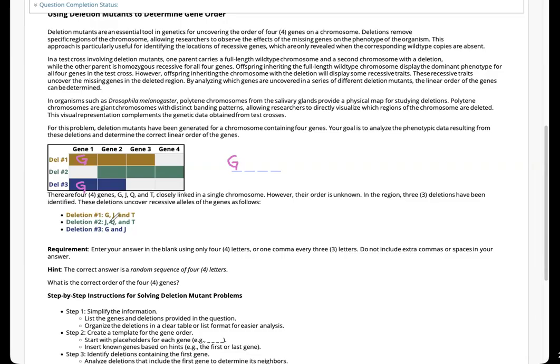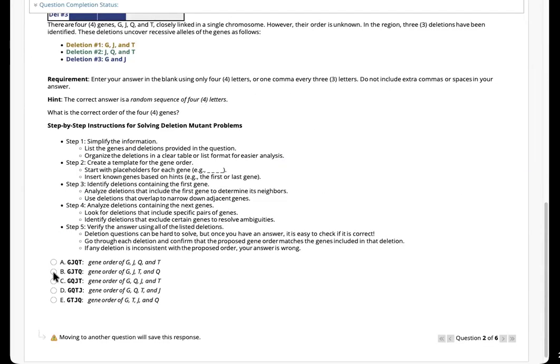But since we know deletion 3 is G and J, and this one's G, that means that one has to be J. And deletion 1 is G, J, and T, so that one tells us that's T. And this one's J, Q, and T, so the last one has to be Q. You'll note that deletion 2 is the only one that contains the letter Q, the only one that contains gene 4 as well. So our answer is G, J, T, Q, and so I'm choosing answer B.